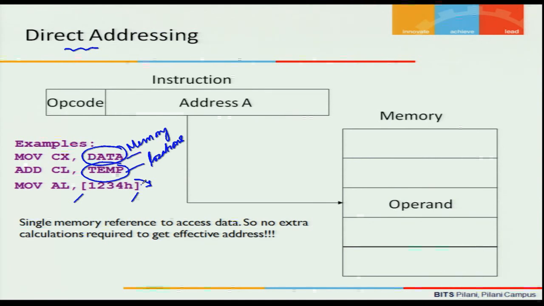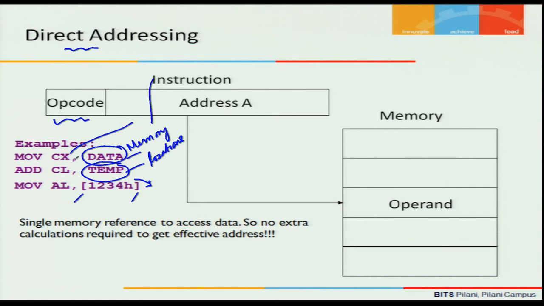If you are to code such an instruction, the first thing that you will require is once again the opcode. So whether you want to do a move or an addition, you should tell that using the opcode. The second thing that you will be required to code is a register.